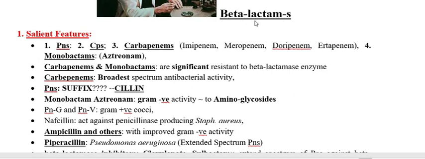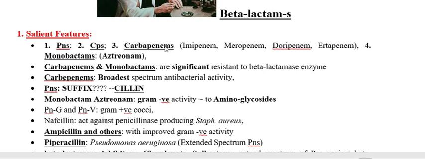Beta lactams are classified into four groups: penicillins, cephalosporins, carbapenems, and the last one is the monobactams. That means all these four are beta lactams, possessing the beta lactam ring in their structure. So today we are going to discuss the first one, the penicillins.